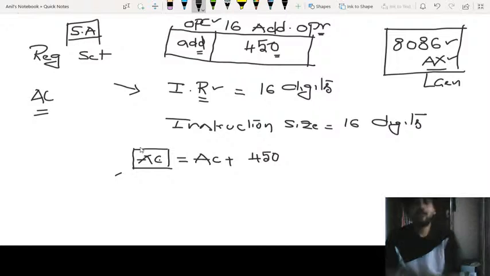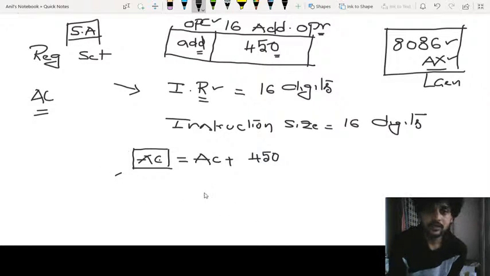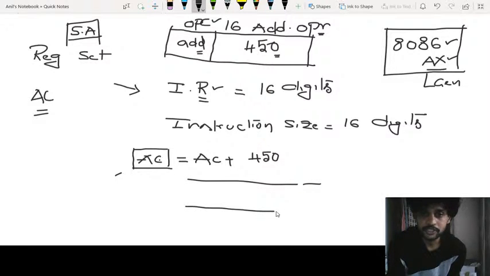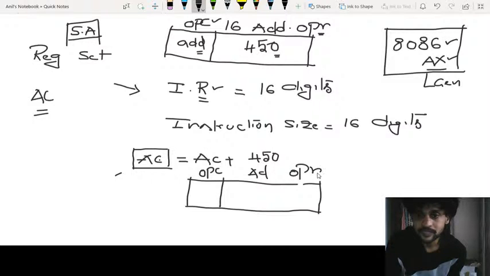Now, let us again have a look at the instruction register. The instruction register, as I told you, is going to have two fields. One is opcode. The second one is address of the operand. Here, opcode is addition or subtraction or whatever. I'm not talking about the opcode here.